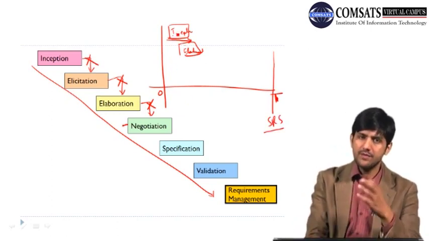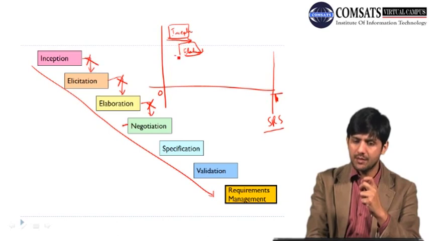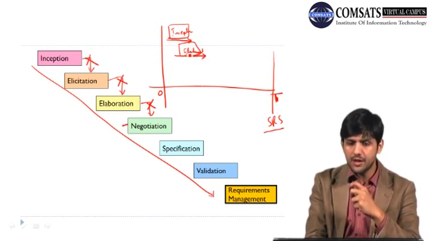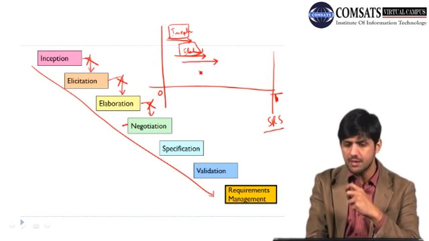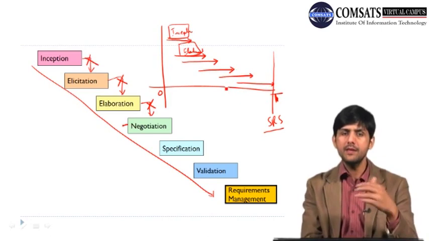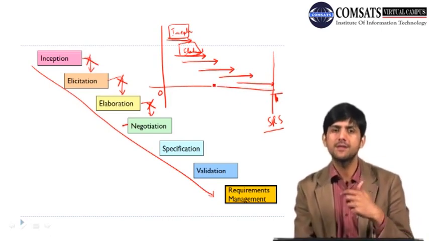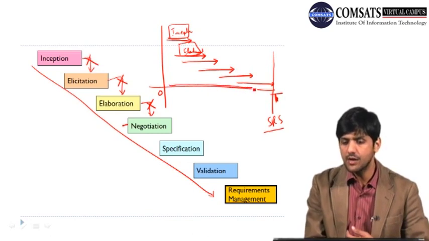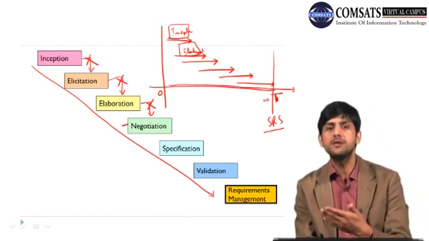We have Inception, we are doing Elaboration at the same time, we also move to Elicitation, we are trying to negotiate some requirements at the same time, and we are doing specification as well, and finally we are validating requirements. And one thing that we said when we discussed the requirements management task is that we are going to do it even after we have produced the SRS document.